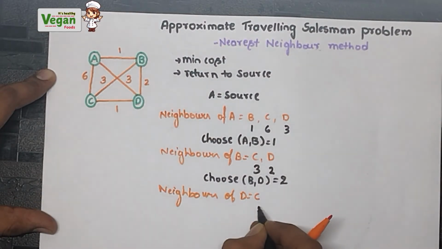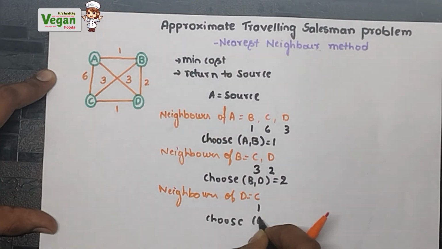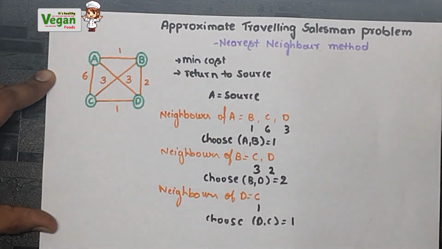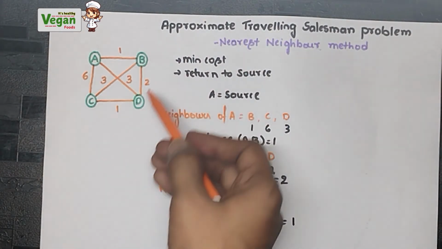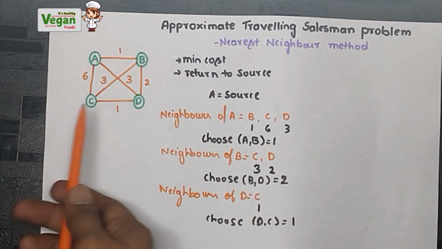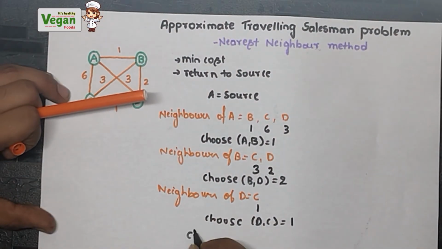From D to C it is 1. Therefore choose D to C, which is equal to 1. Now we have traveled all the nodes: A to B, B to D, D to C. Since we have traveled all the nodes, we can go back to the home city or the source.